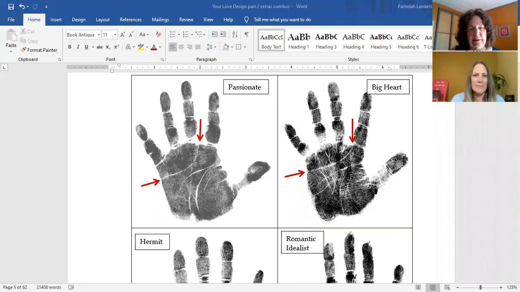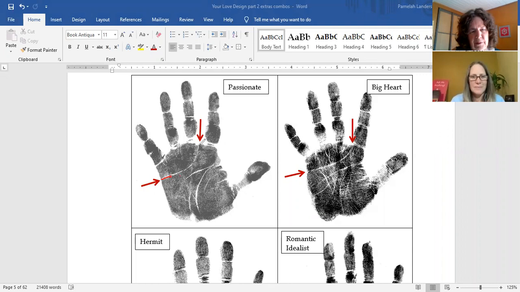So there are four of them: the passionate and the big heart, and then I'll show you the hermit and romantic idealist in a minute. But these lines are curvy. Let me annotate so we can see that all of the heart lines start underneath the pinky over here, and they go across the hand.